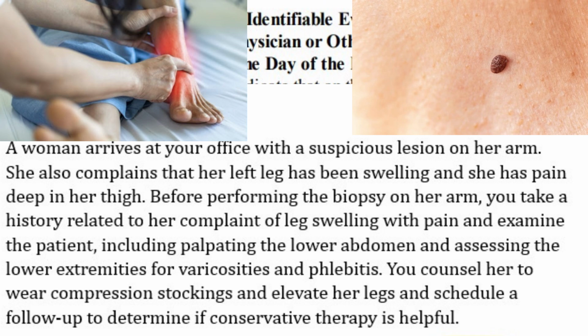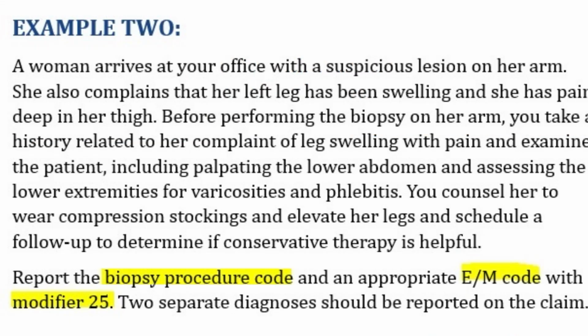Later, the doctor counsels her to wear compression stockings and elevate her legs and schedule a follow-up to determine if conservative therapy is helpful. Then the doctor does the biopsy of the lesion. In this scenario also, you will be coding the E&M code with modifier 25 and then you will be coding the biopsy. So this is how it works. If the doctor has done some extra work, additional work, not linked with that procedure, then you will be coding E&M with the 25 modifier along with that procedure code.